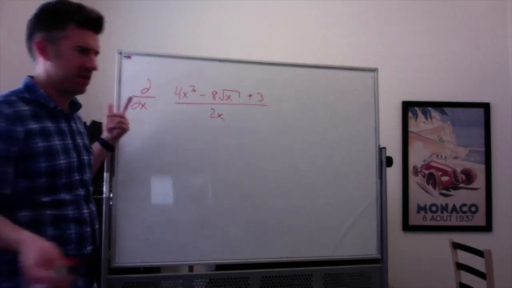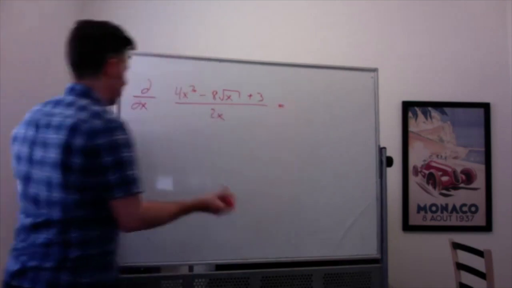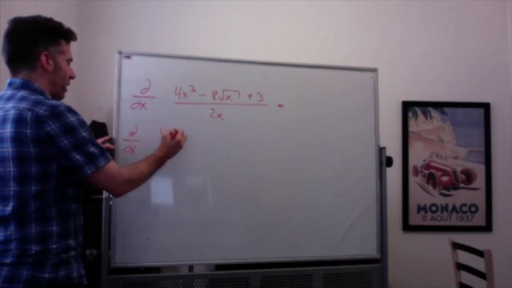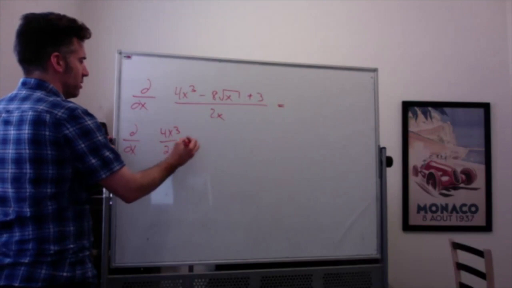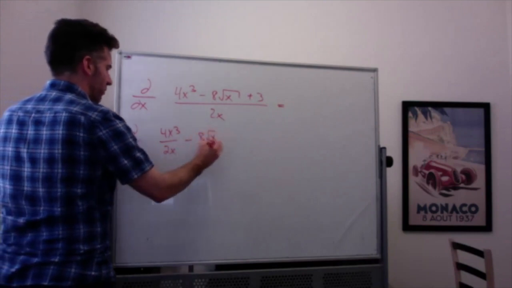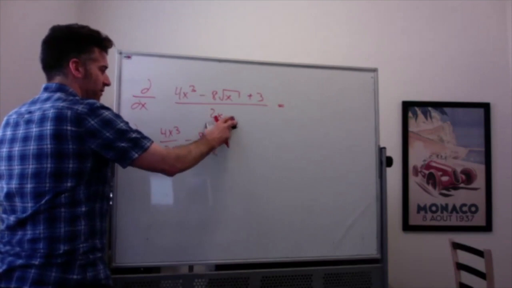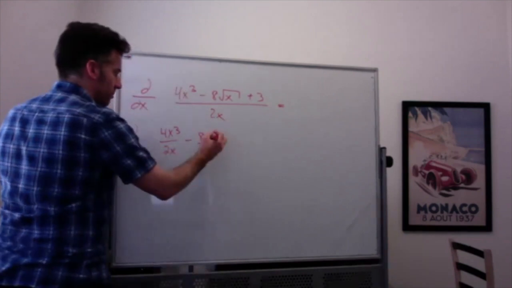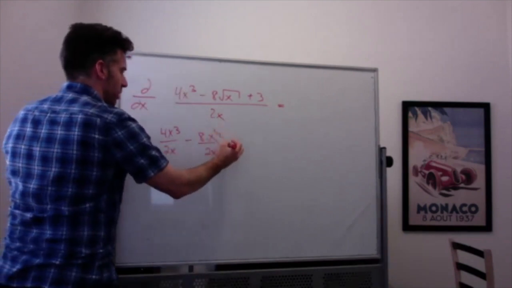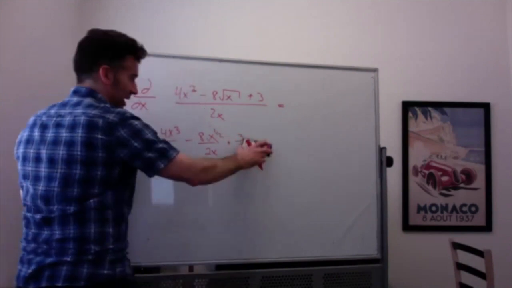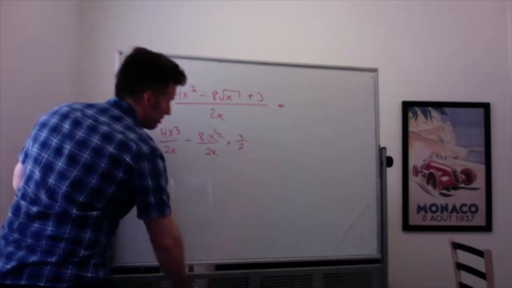I know we did an example like this either last class or the class before, but I can definitely write this as the derivative of 4x cubed over 2x minus 8 root x over 2x, which I should probably write as 8 times x to the 1/2, plus 3 over 2x, or 3 over 2 times x to the minus 1.